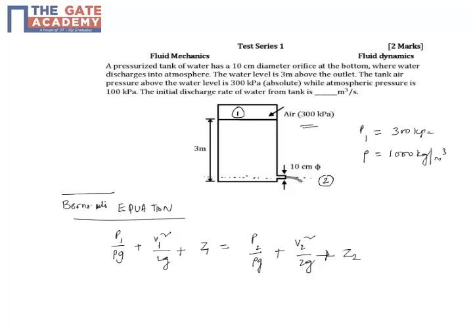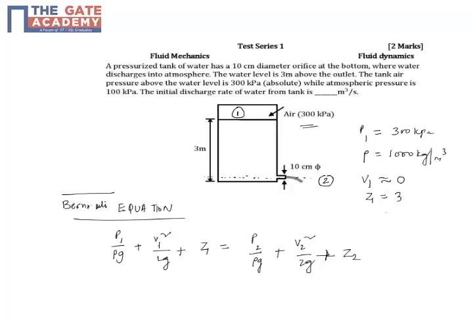Now velocity V1, compared to the outlet, will be very low. V1 will be very small. Because of the large cross section, V1 can be assumed to be 0 compared to V2. And Z1 is the height from this datum, which is 3 meters.